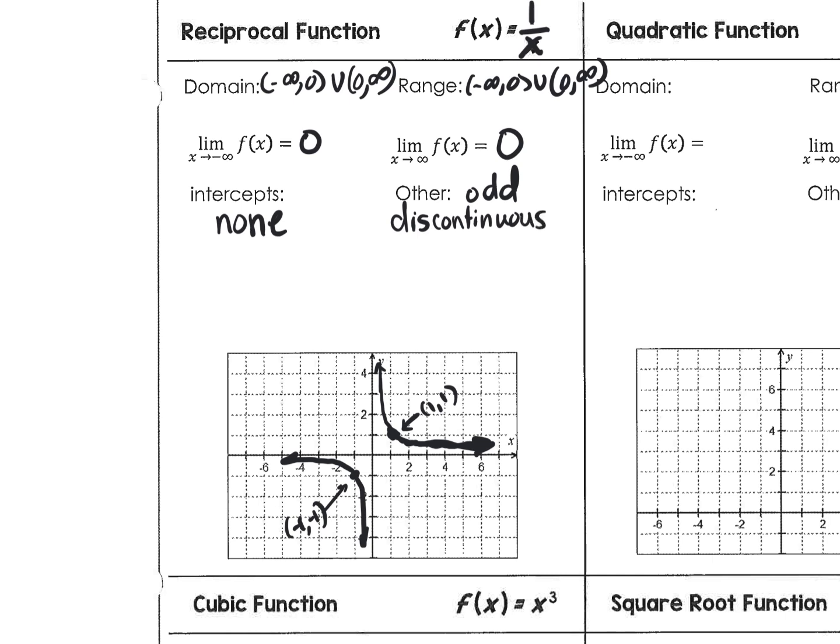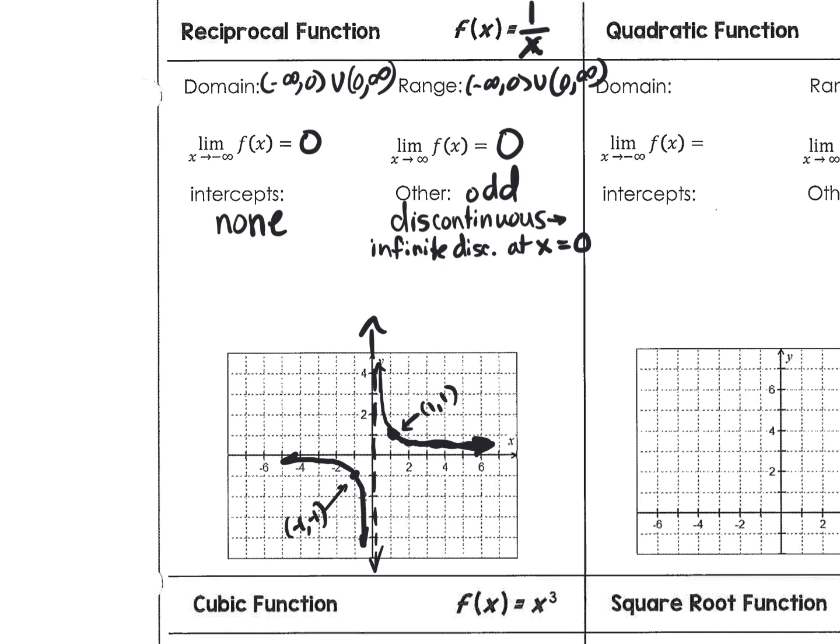As a matter of fact, since it's discontinuous, what type of discontinuity does it have? Guys, it has a vertical asymptote right here, doesn't it? Yes? Has a vertical asymptote right there. So it has an infinite discontinuity at x equals 0, doesn't it?